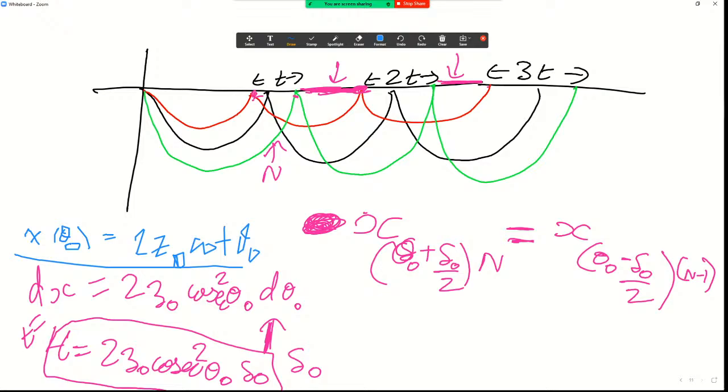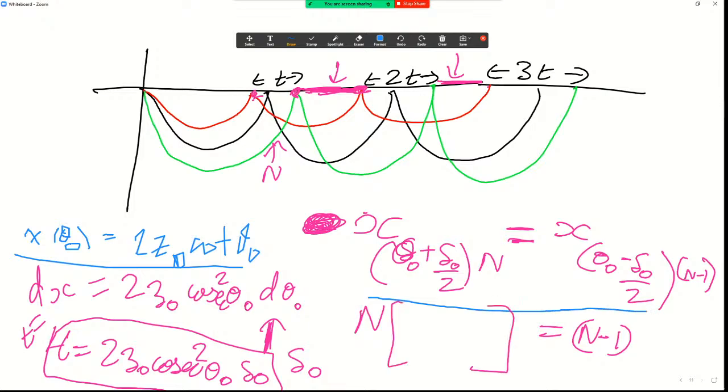Okay, so we have to find this and multiply it by n equals n minus 1 times what we can write as 2z naught cosec cot theta plus delta theta by 2 and 2z naught cot theta minus delta theta by 2.